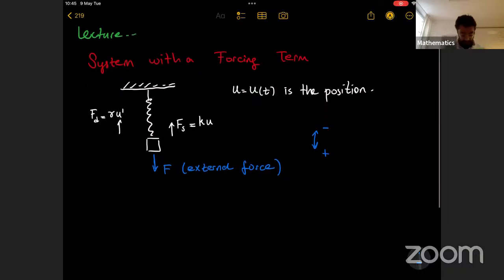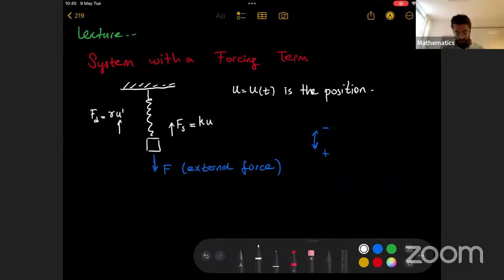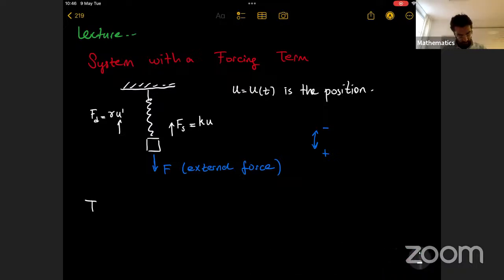So with all this, the equation becomes what? The net force, this is Newton's law, M times A, which is u double prime t, is equal to, so what are the forces here?